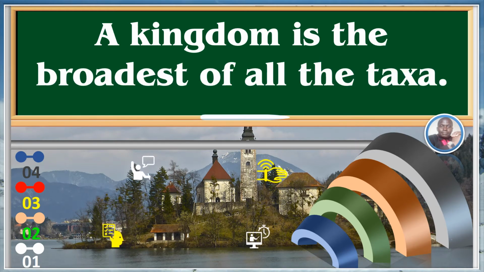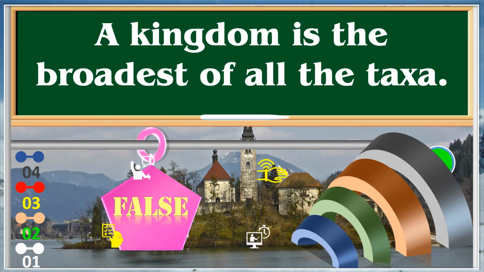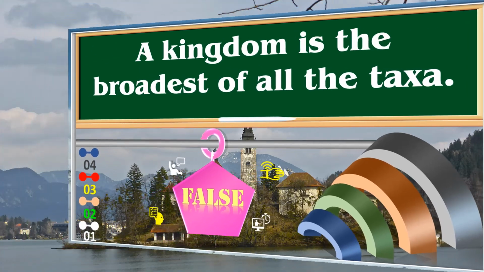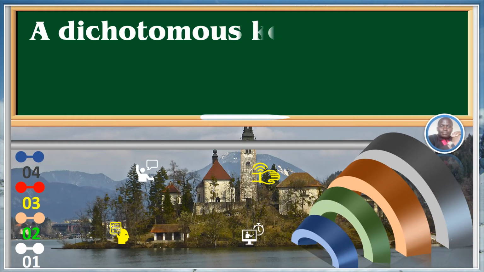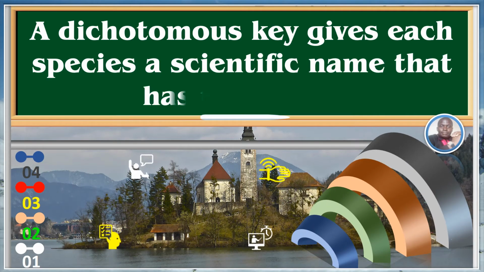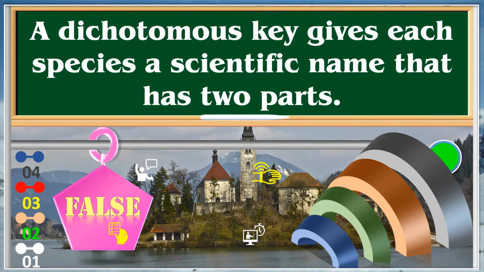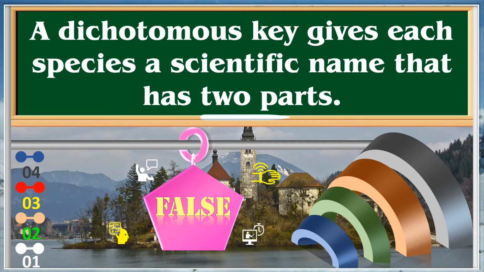A kingdom is the broadest of all the taxa. False. A dichotomous key gives each species a scientific name that has 2 parts. False.